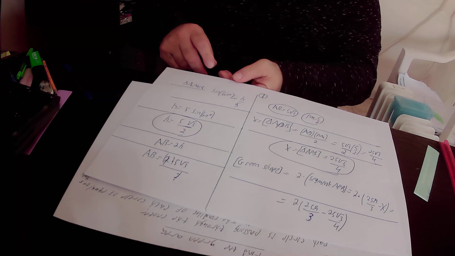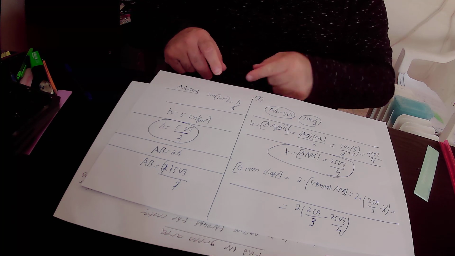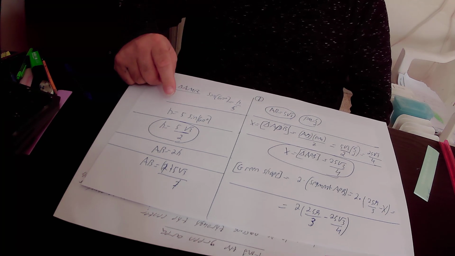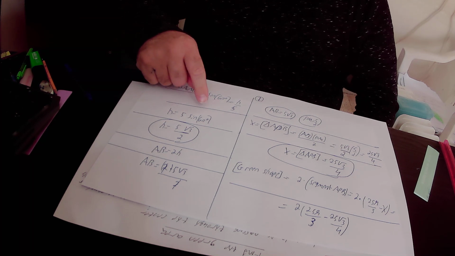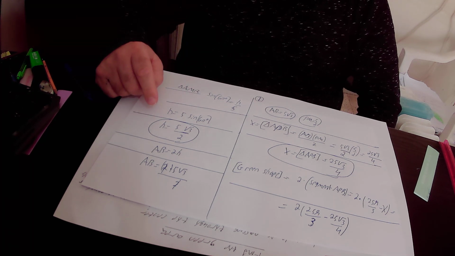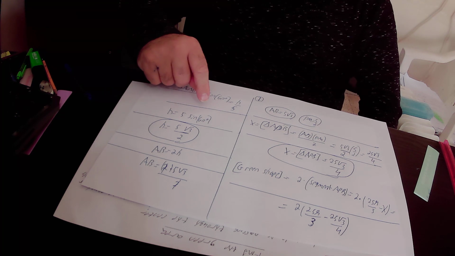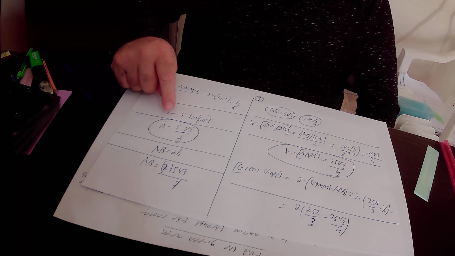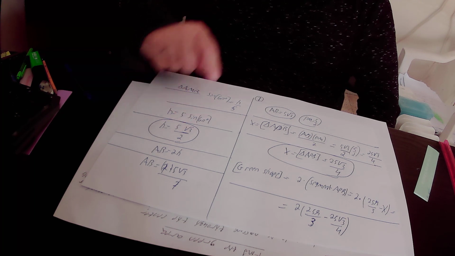Multiplying this equation by 5, we get that H equals 5 times sine 60 degrees. And sine 60 degrees equals square root of 3 over 2. So H equals 5 times square root of 3 over 2.